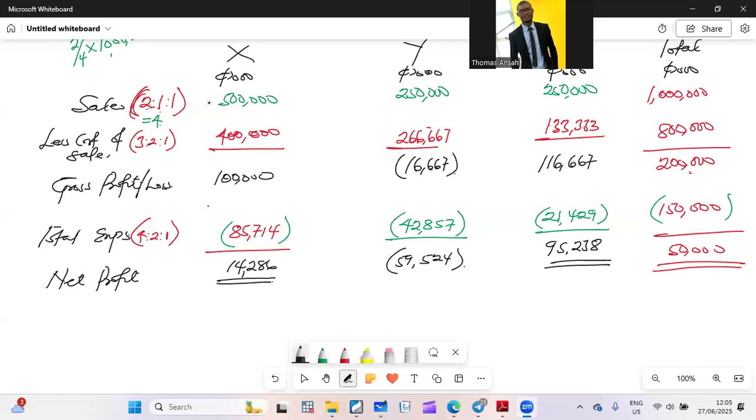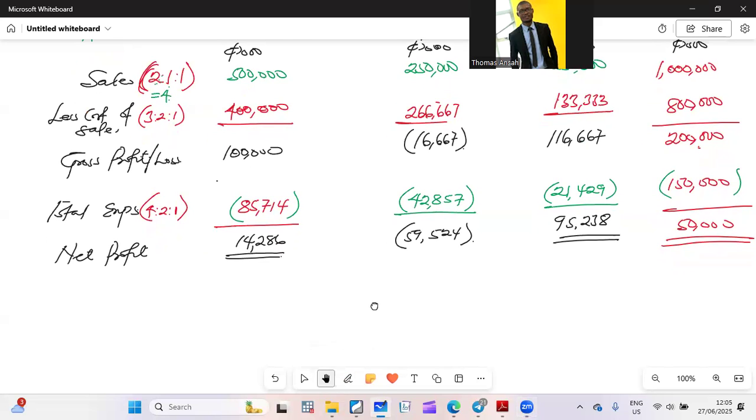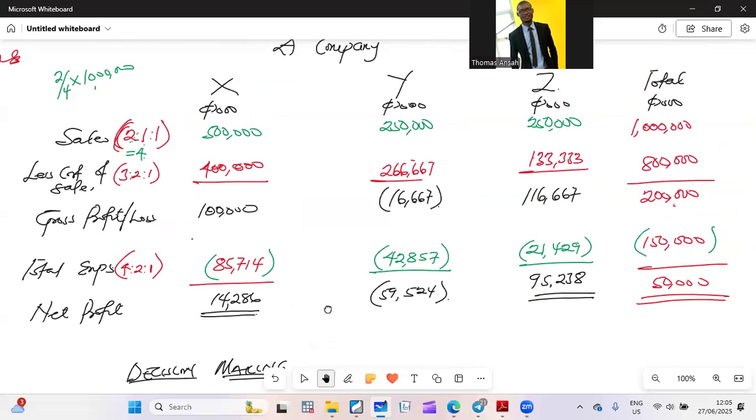So the first thing we learn in departmental accounting is how to apportion figures. Now, in departmental accounting, the essence here is to make decisions. So, decision making. Before we make any decision, what is your observation about the departments?